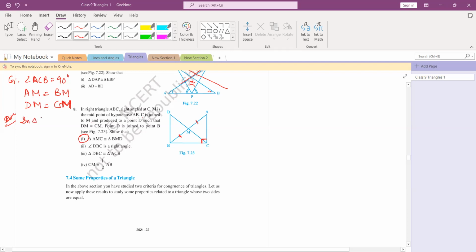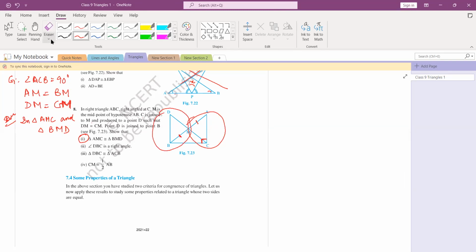In triangle AMC and triangle BMD, now see whatever information is given to you. So Miraj, Mridula and Hamna, first of all, see which is the triangle AMC. AMC means this triangle. And BMD means this triangle. So we are looking at these two triangles here.